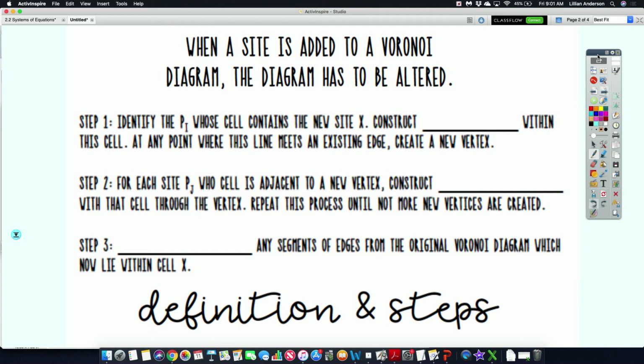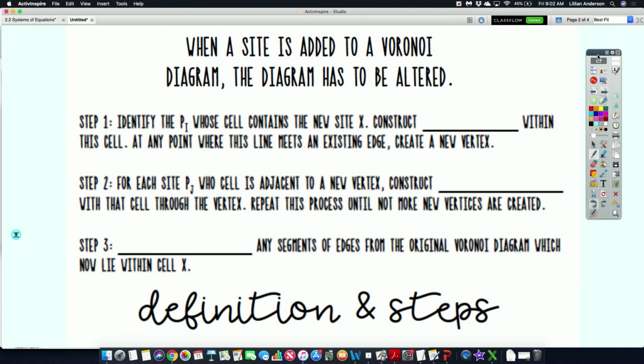I can't say A or B because it's dependent on what you're given in the question. So P sub i represents a site that is already on your Voronoi diagram, specifically the site whose cell contains the new site that we want to build.